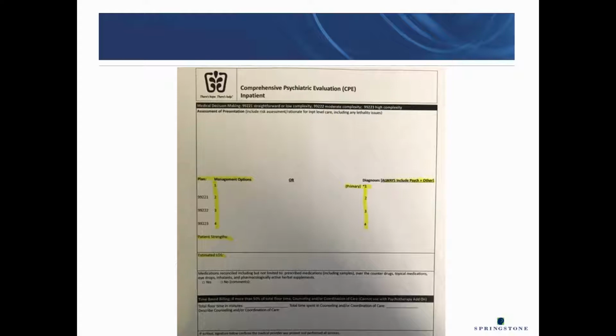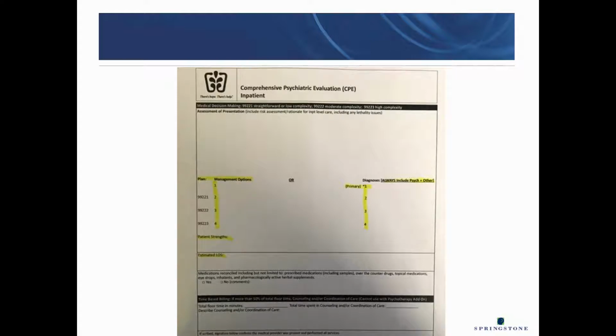So you need to talk specifically about any lethality issues, suicide, homicide, as well as your rationale for this patient meeting inpatient level criteria. So that gets you at the risk.